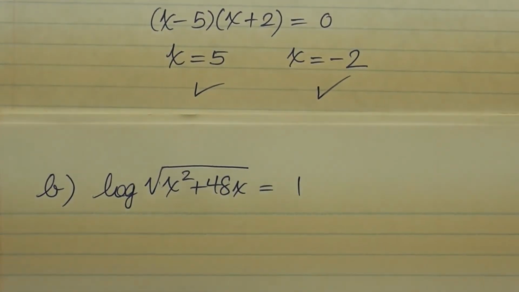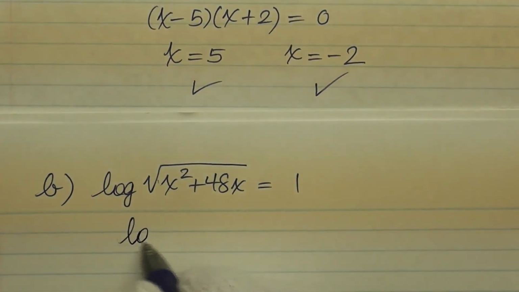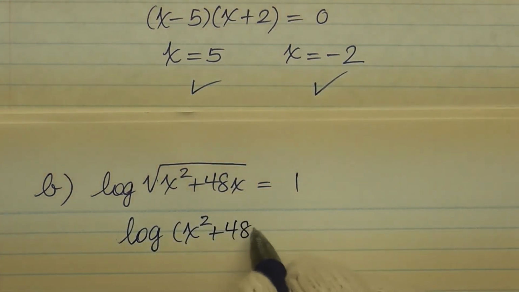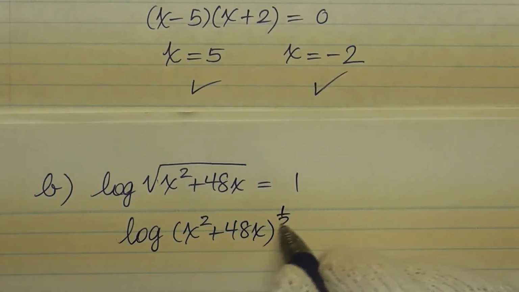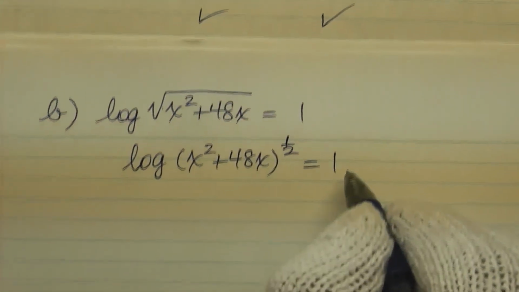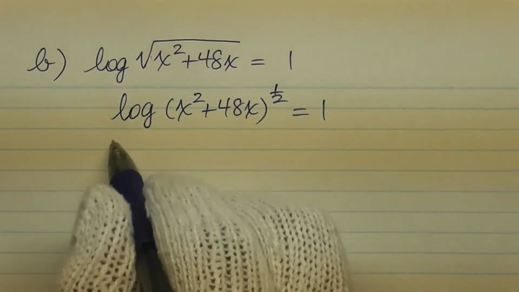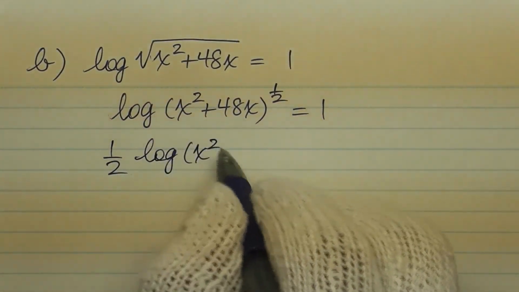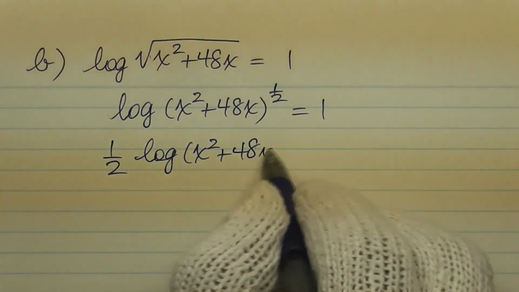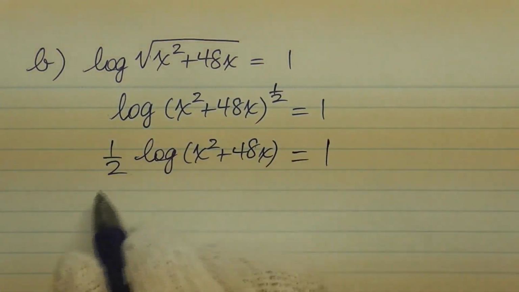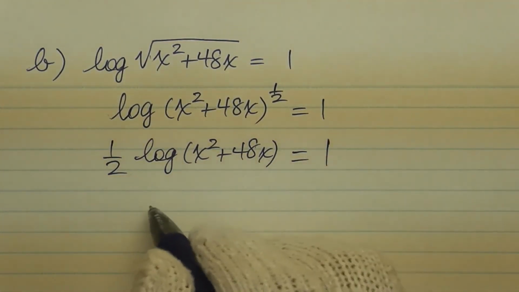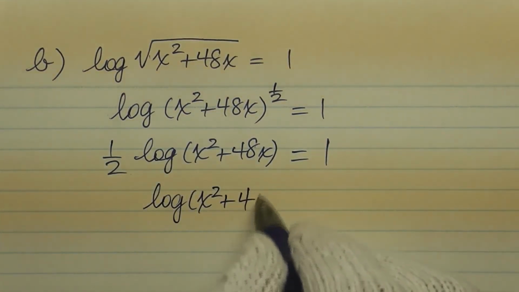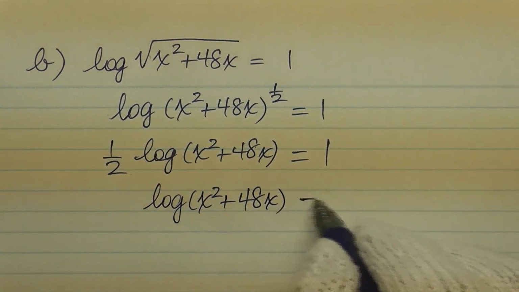We've got this question here. This is the same as log of x squared plus 48x to the 1/2 equals 1. I can bring the half down in front. I can multiply the 2 into the 1, so we have log x squared plus 48x equals 2.